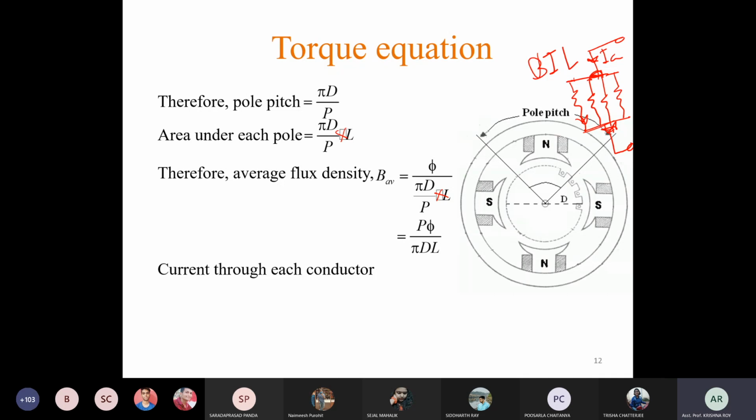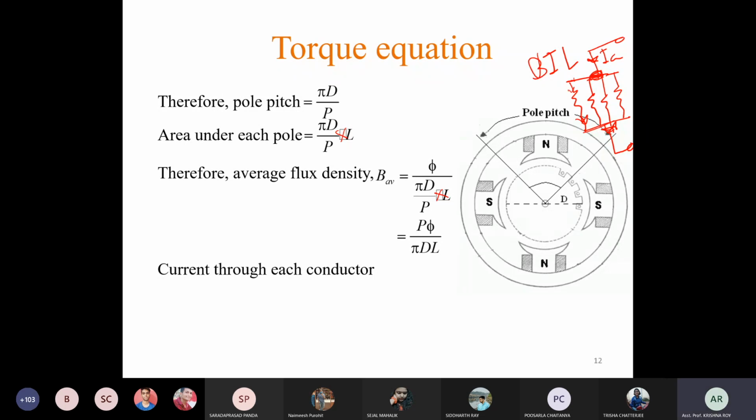Obviously IA by 4, because if we apply KCL at this point, all the parallel paths have an equal number of conductors, which means they will have the same resistance. Based on that, this current will get divided equally at this point. So each path will carry an equal amount of current. If there are 4 parallel paths, then IA by 4 will be the current through each path.